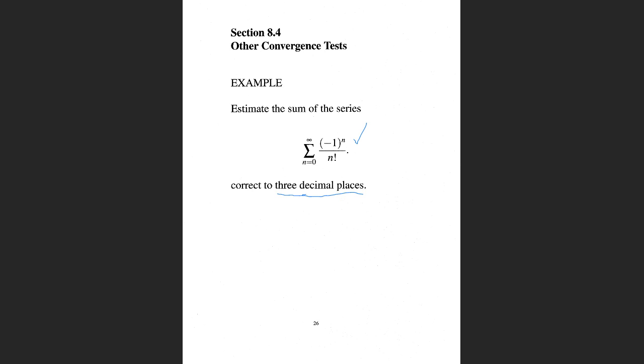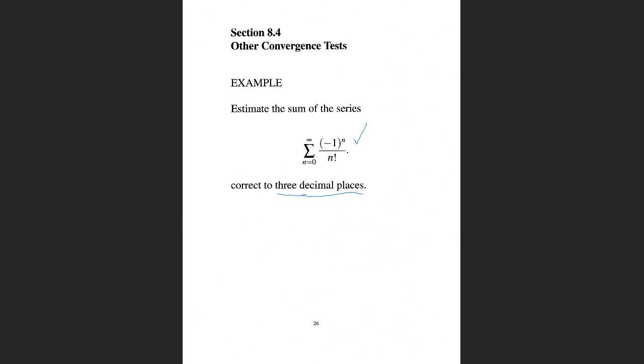This alternating series converges. Well, I want to be careful here. No, you wouldn't need the ratio test for that. You could just use the alternating series test.